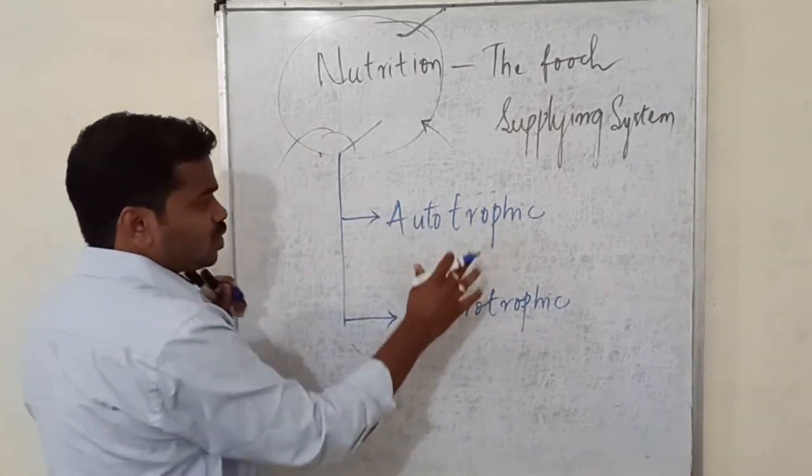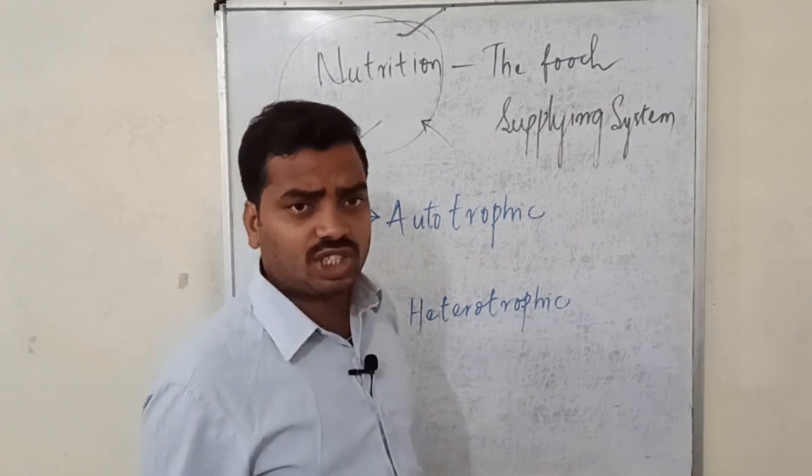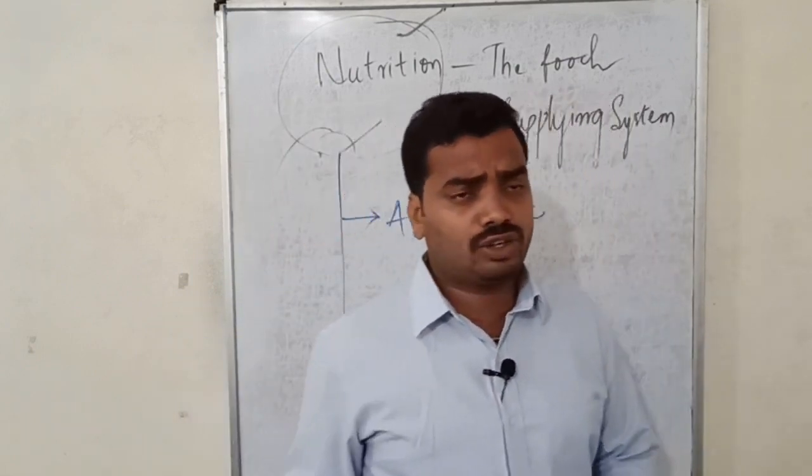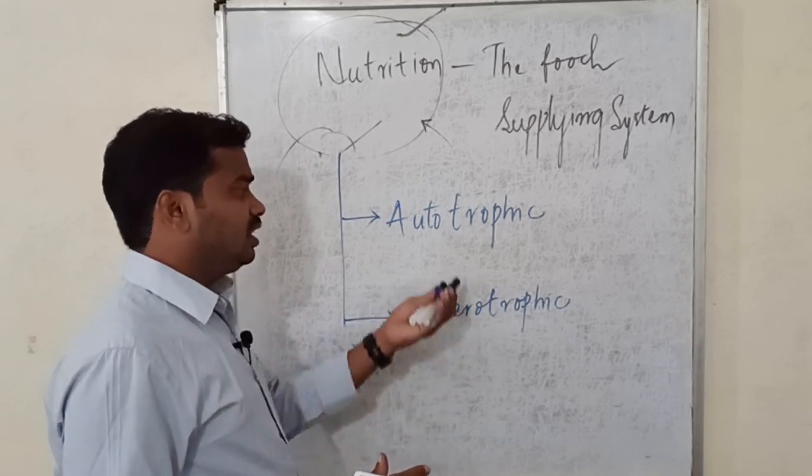These are the two types of nutrition systems which exist in nature. Every nutrition system will fall in one of these two types.